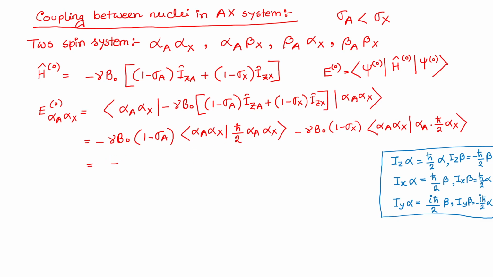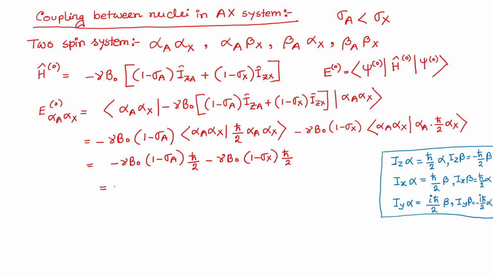So for the first part it will be gamma B0 1 minus sigma A H cut by 2, and the second half gamma B0 1 minus sigma X. Similarly H cut by 2 will come up, the rest is normalized.